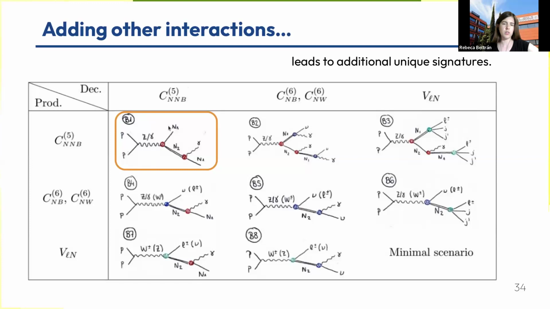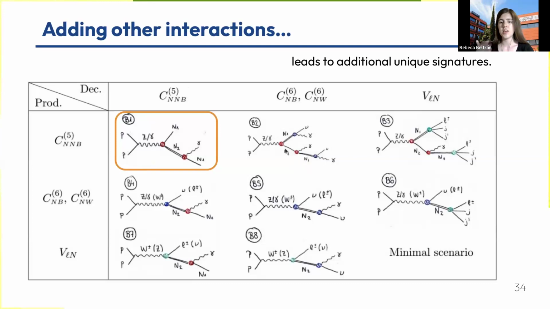so this was the final signature. But in this other scenario, we consider two different mass regimes for N2 and N1. So the N2 was heavier, and it could decay to the Z boson. So we allowed for the N2 to decay to the Z boson.